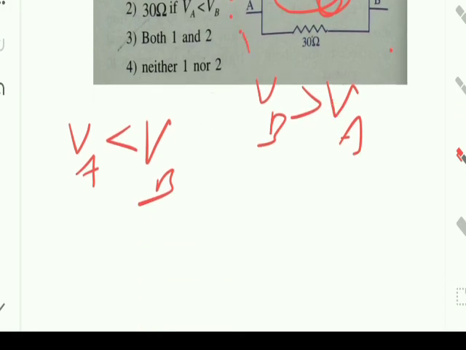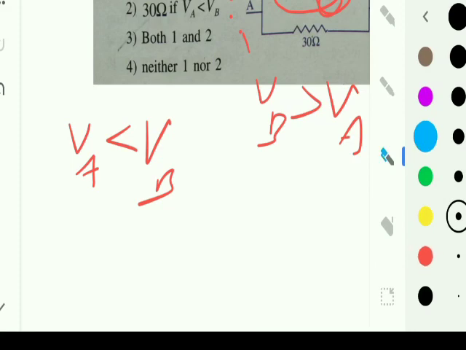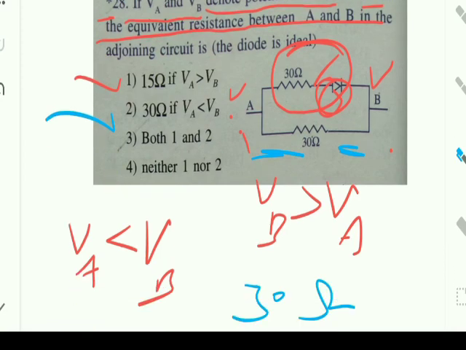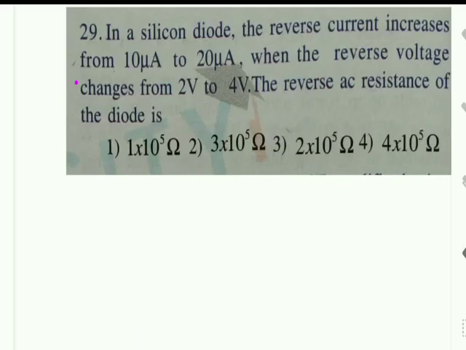So the resistance of the circuit is 30 ohms, if VA is less than VB. So this is the right answer. Totally, the third one: both A and B are the right answer.